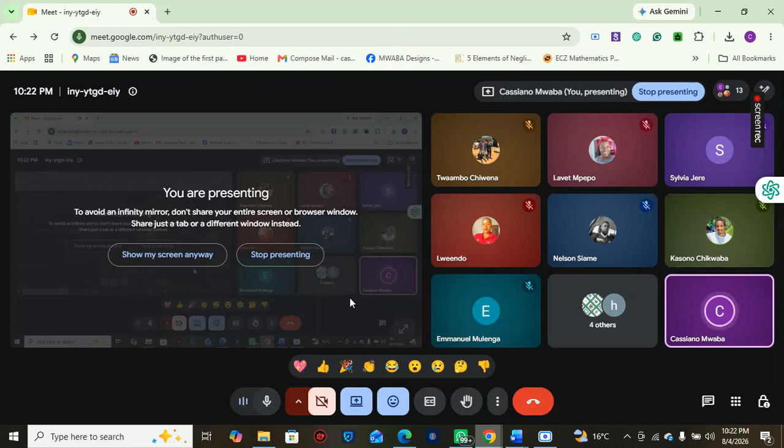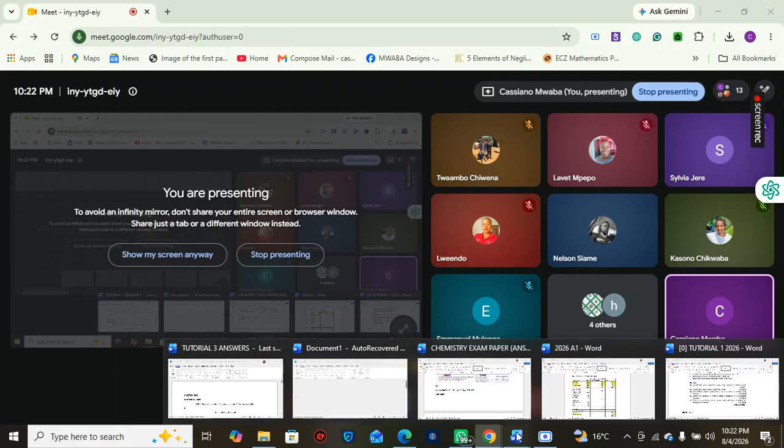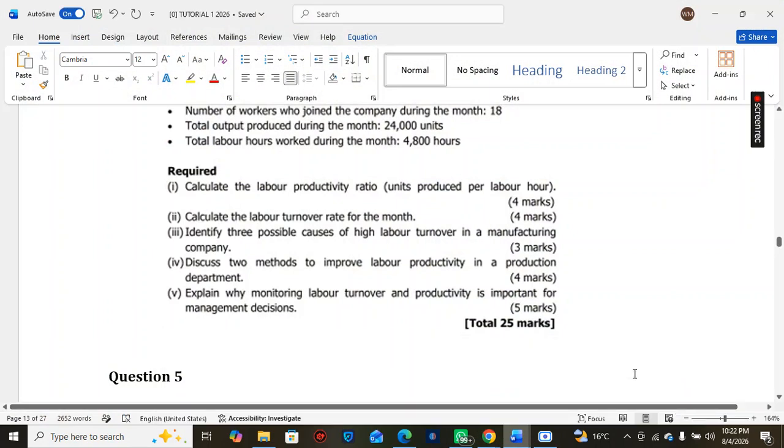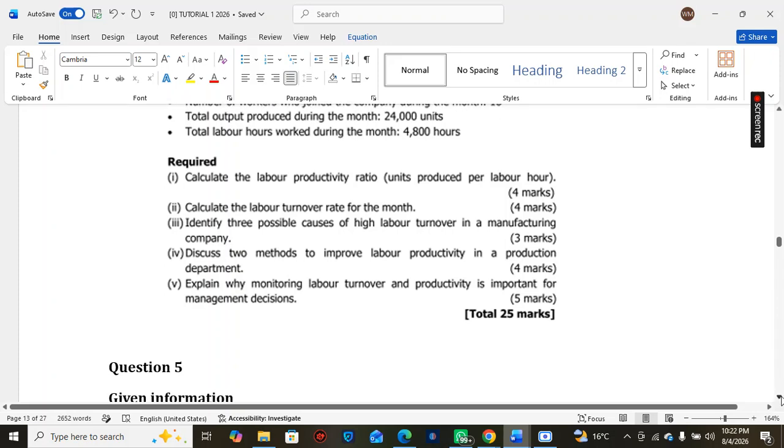Why is it important for a business to monitor the labor turnover rate? Yes, to improve working conditions. What else?